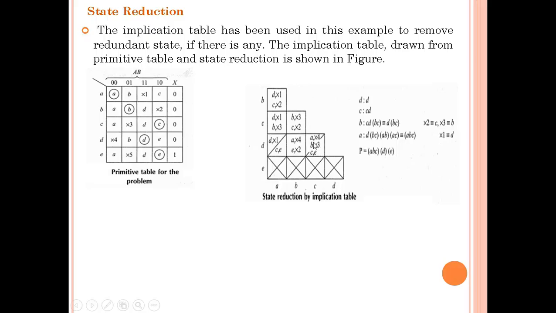So we are left with: if D is equal to don't care 1, C is equal to don't care 2 and B is equal to don't care 3.